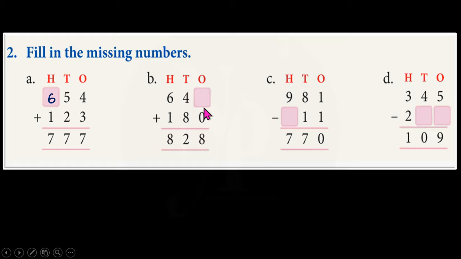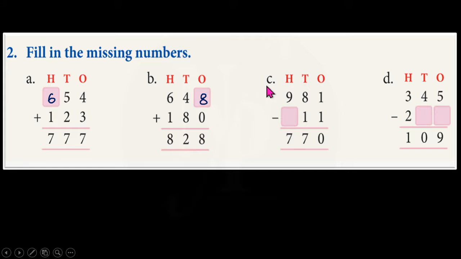So the digit should be 8 here, because on adding 0 to 8, we get 8 as sum. Therefore, 8 plus 0 is 8. And in the tens column, we have 4 and 8. 4 plus 8 is 12. 2 is written here. 1 is carried forward. 1 plus 6 is 7. 7 plus 1 is 8.